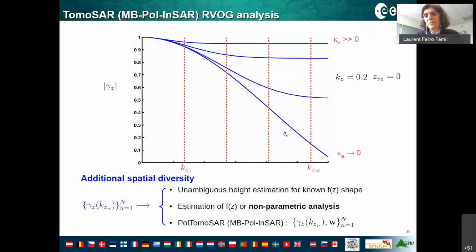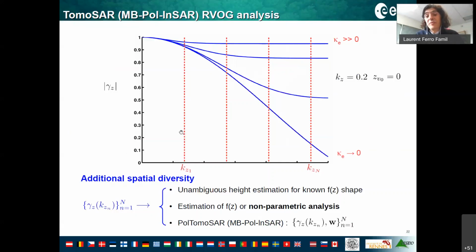And you will know very easily using a few sampled values on which curve you lie. So this sampling gives you an asymmetry. You know the shape of the extinction profile, which is exponential in what I said before.